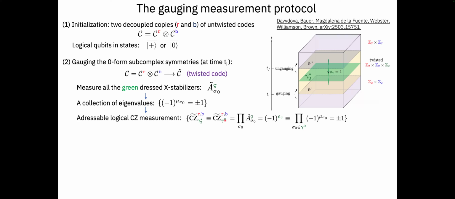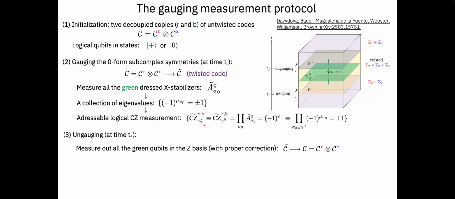I'm saying that this zero form subcomplex symmetry supported on top dimension 2 cycle is a product of these Gauss's law operators. And by collecting the eigenvalues of each individual dressed X stabilizer, you can combine them to infer the eigenvalues of all the zero form subcomplex symmetries defined on a cocycle basis.